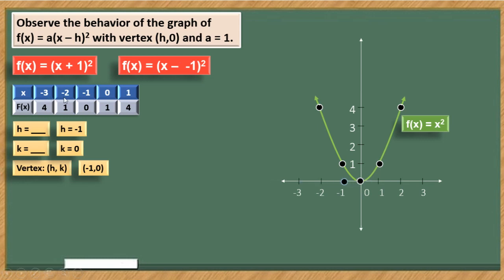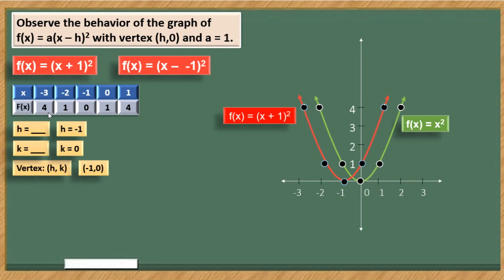If x is equal to negative 2 and 0, the value of the function is 1. If x is equal to negative 3 and positive 1, then the value of the function is the same again, which is 4. So let's look at the graph.